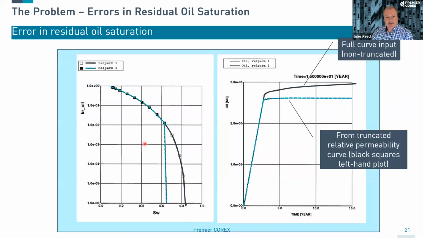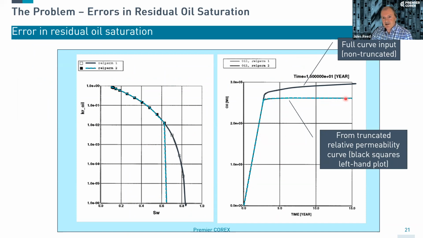But this is the impact that inputting truncated data has. The dotted blue line is exactly the same relative permeability, just truncated off at a higher residual. And the impact of that when looking at cumulative production is this here.